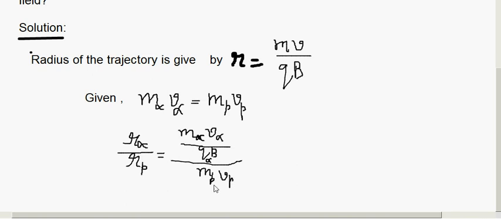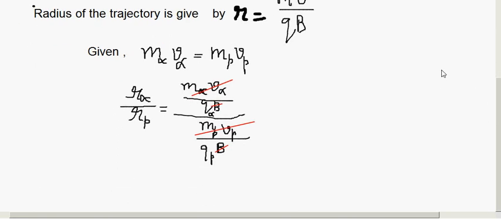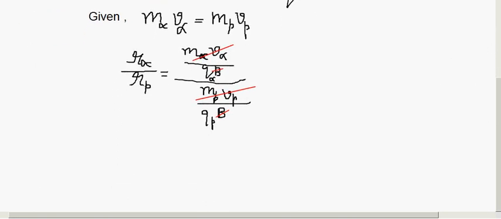Now let us cancel. m alpha v alpha equals mp vp, so I can cancel this, and B also gets cancelled.